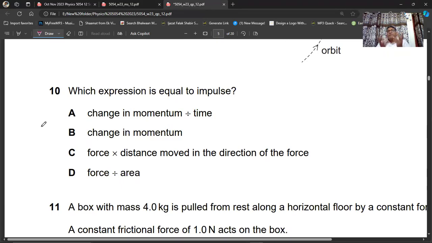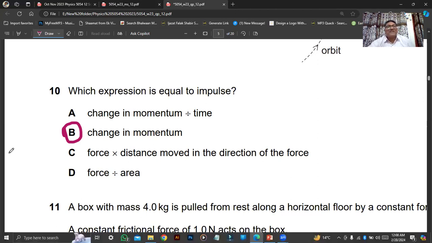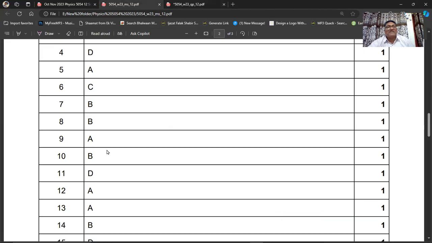This is called impulse. Change in momentum divided by time, no, that is force. Change in momentum, yes, this is the answer. Force multiplied by distance moved, no, that's work done. And force divided by area, that is pressure. So that means B is the choice. Question number 10, B is the right answer.